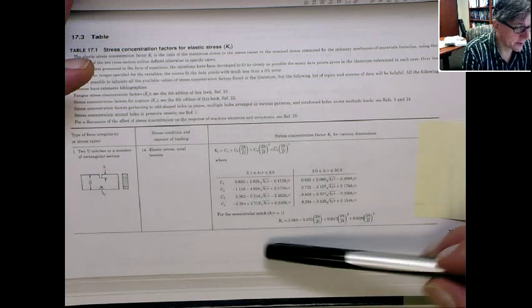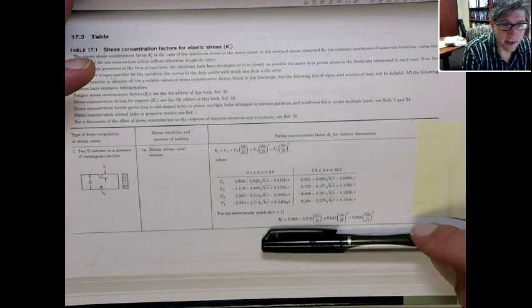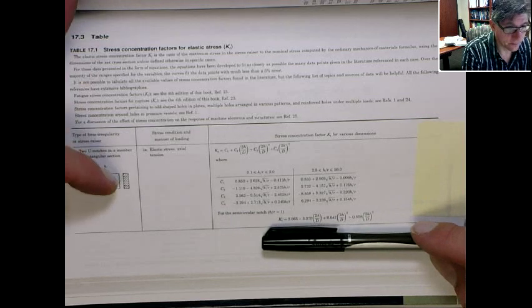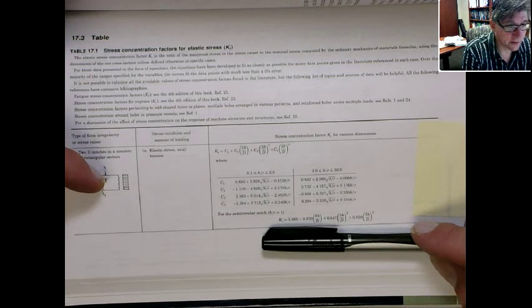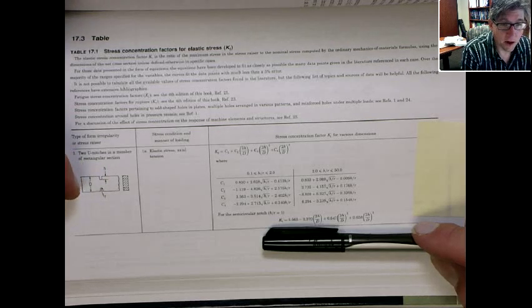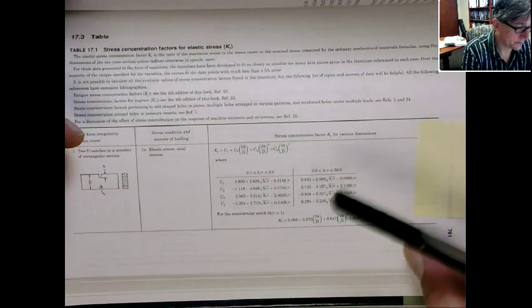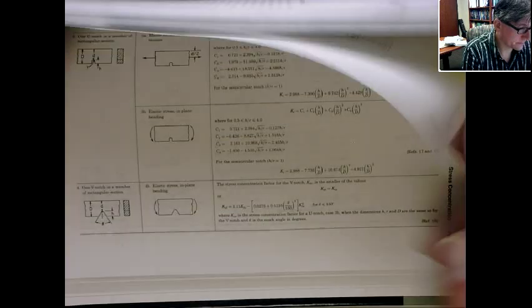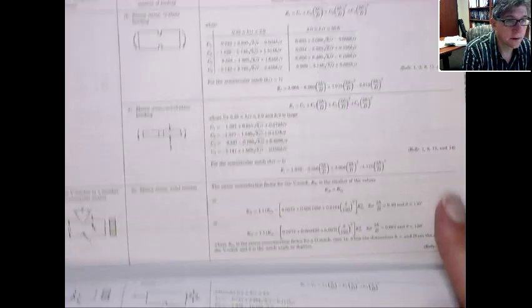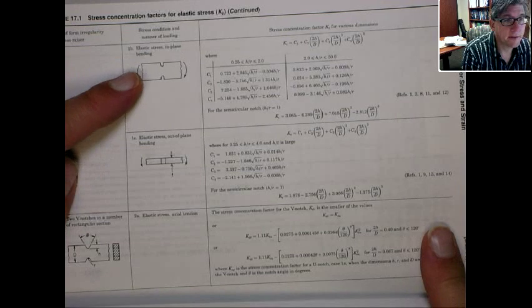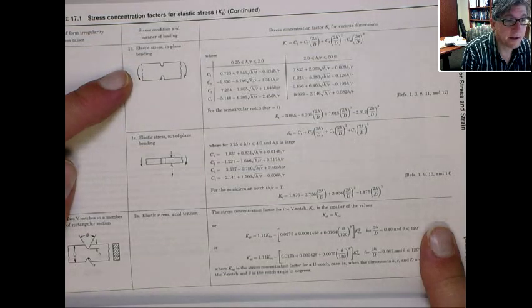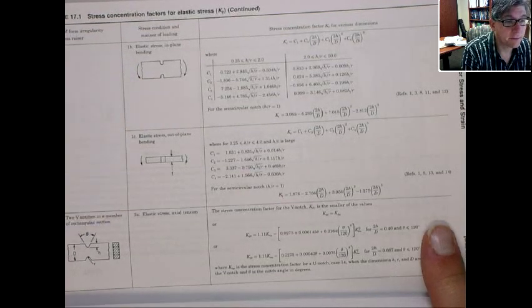Okay, so here's an equation for K that you look up in terms of the parameter H, the depth of the notch, the radius of the notch, over the total width. Now here's another one for bending. Now we haven't covered bending, but it's a little different if you're in bending. Here's one where you can bend out of plane.